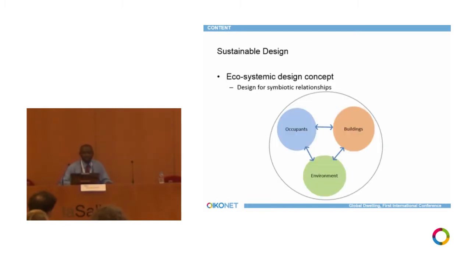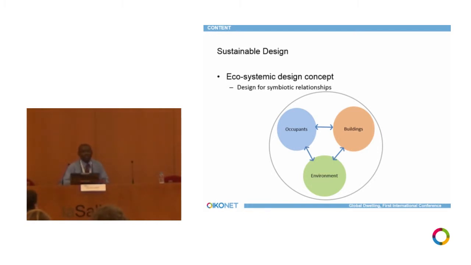The second type of design principle concept we have is the ecosystemic design concept, in which case the design concept will look at the relationship between the occupants, the building, and the environment. It assumes that there is a mutual benefit for all these factors in the system. That's on the one side.